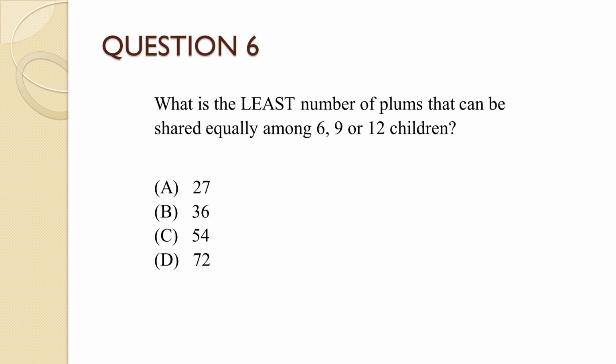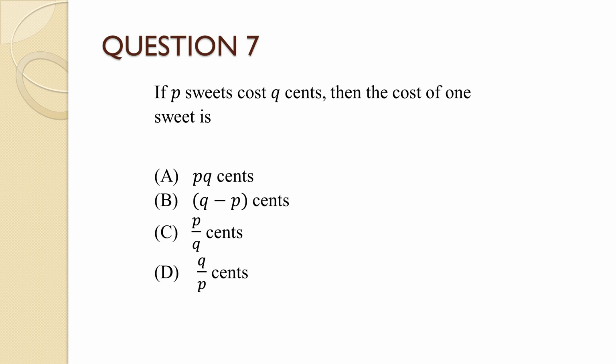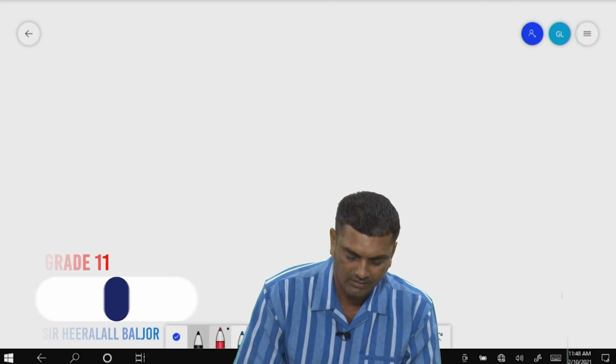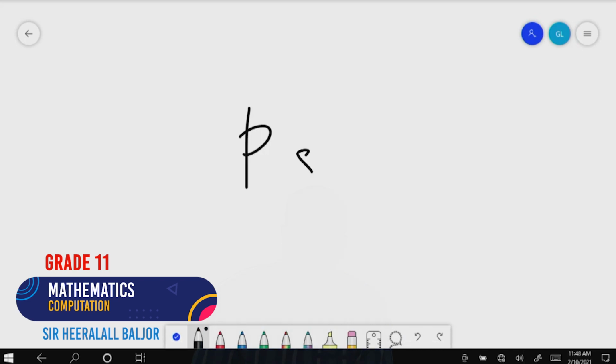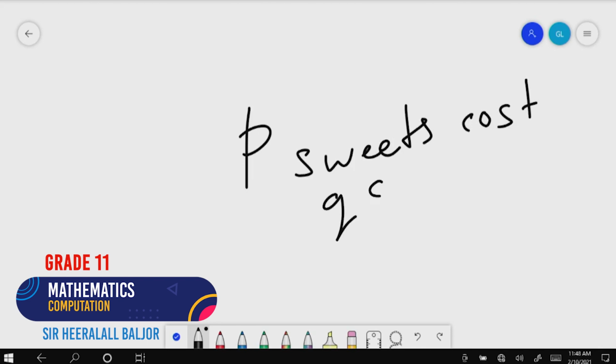or 12 children. If P sweets cost Q cents, then what is the cost of 1 sweet? P sweets is the total amount of sweets. P sweets cost Q cents.